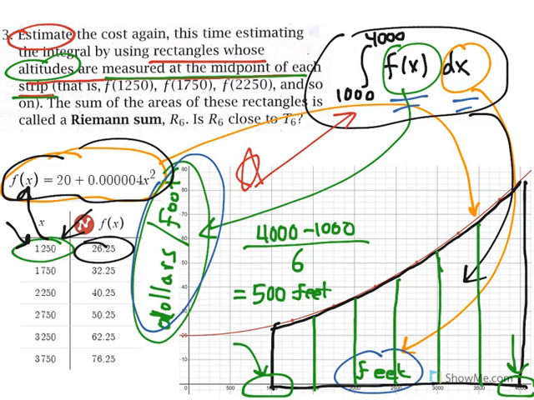That's what that means. So find the area of this rectangle by using this height of 26.25, and the width would be 500 feet. And it's an approximation. And then find the area of the next rectangle at the depth of 1,750, and the width of the rectangle would be 500 feet.